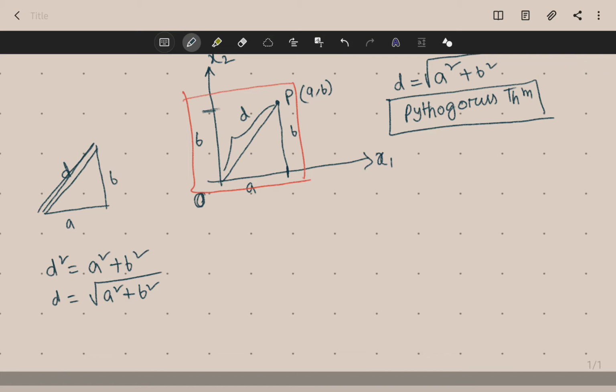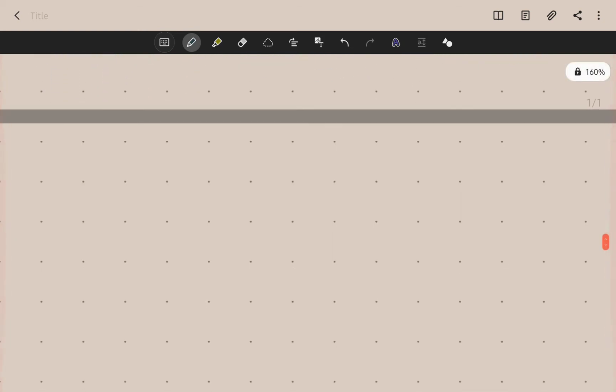In a little bit extended way, we can explain this thing more elaborately. Let's see how. Suppose this is my origin. What are the x1 and x2 components of the origin? As I am considering two dimensions, we have only two components for the origin, 0, 0.